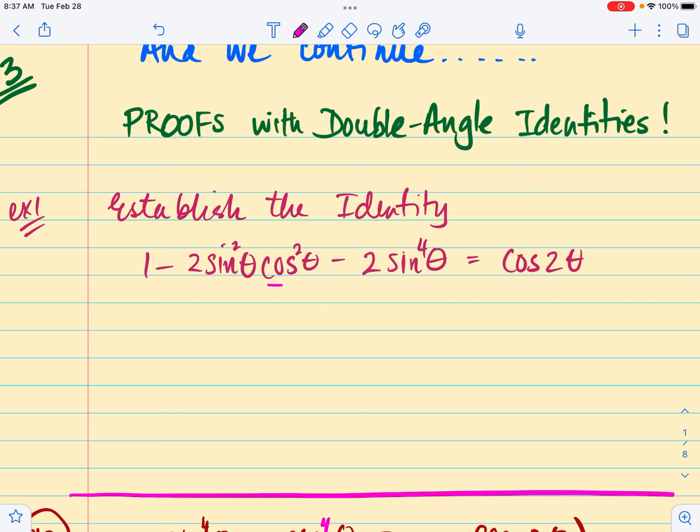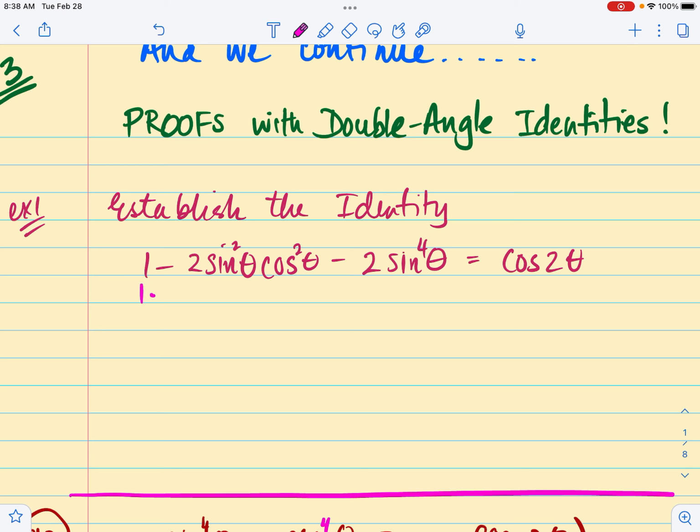The idea here is to work on the left-hand side, and at the end, keep in mind how cosine 2 theta has 3 formulas. Somewhere around here, when it starts looking like one of the 3 formulas, we know we have reached our destination, because it's not going to be directly cosine 2 theta. So that's what we're looking for.